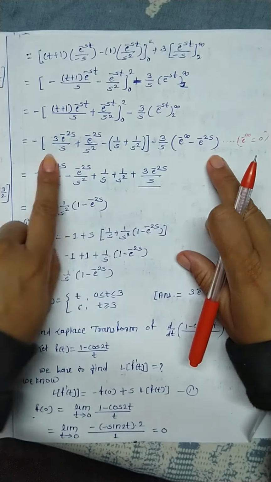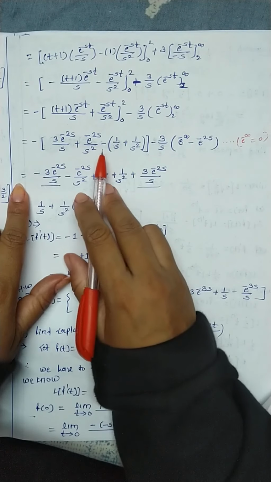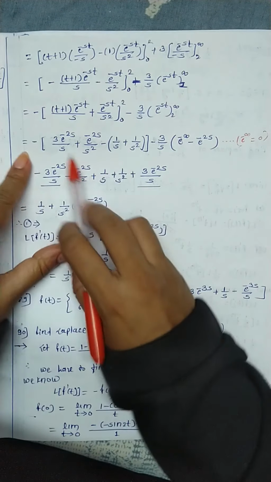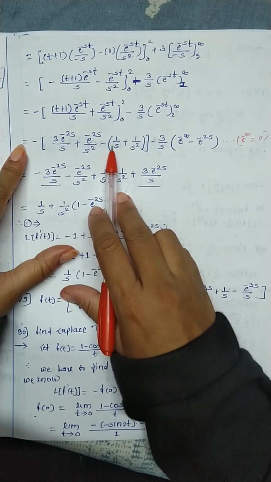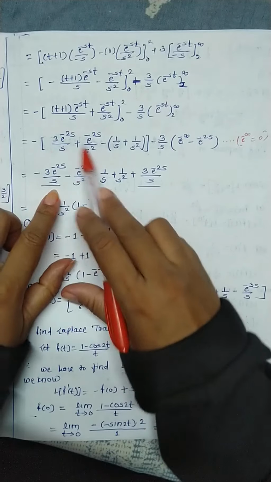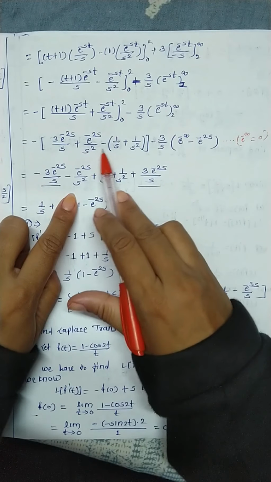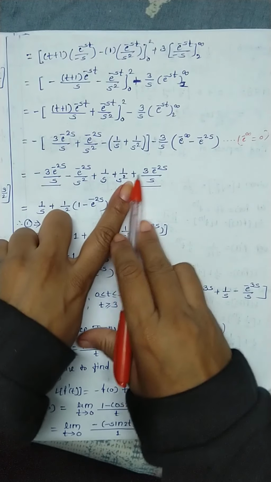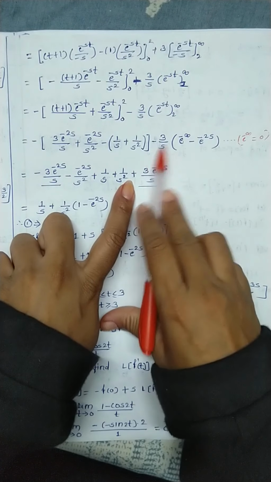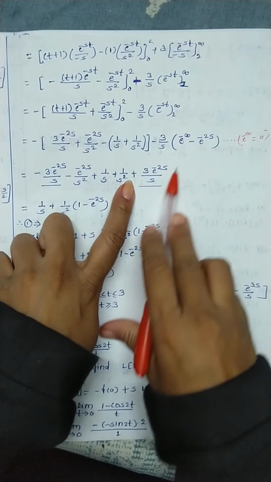Now just simplify it. Take minus inside. We take minus in the brackets, and just remove all the brackets. We get minus this term, minus this term gets plus, this term minus minus plus, so this term plus, this minus minus is 0 obviously, no need to write 0, minus minus plus 3 upon s e raised to minus 2s.